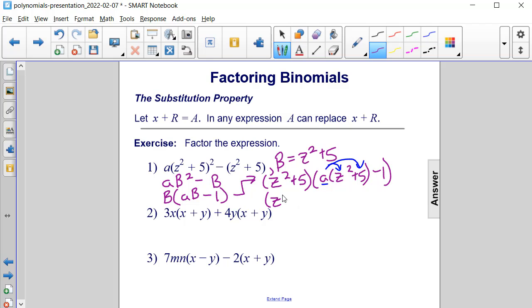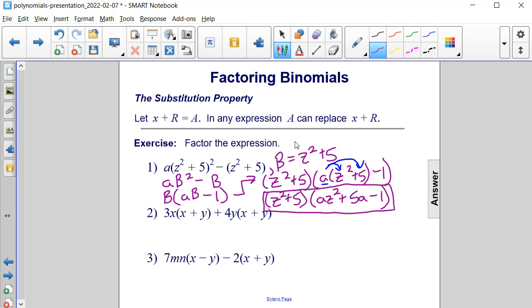So we will still have z squared plus 5 as our first set of parentheses, but now we are going to have az squared plus 5a minus a. And none of these three terms can be combined together. So this is our final answer.